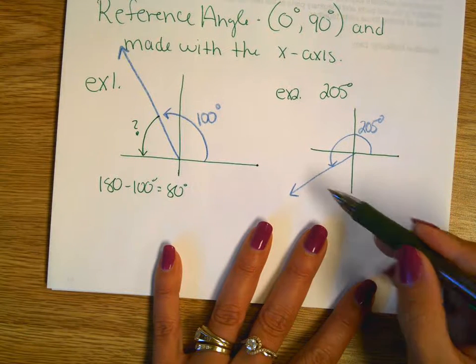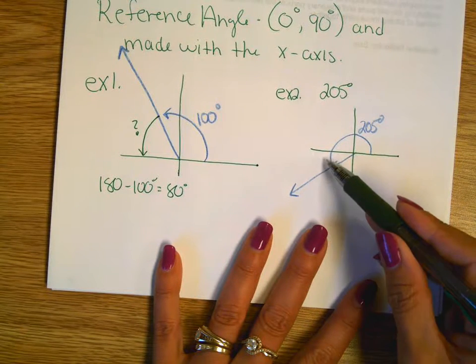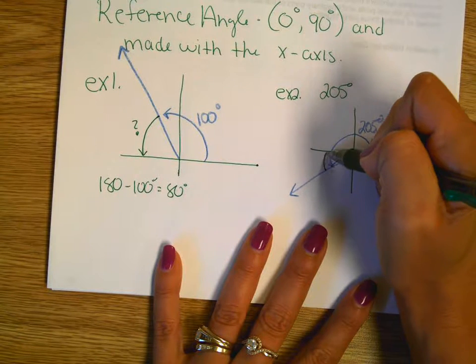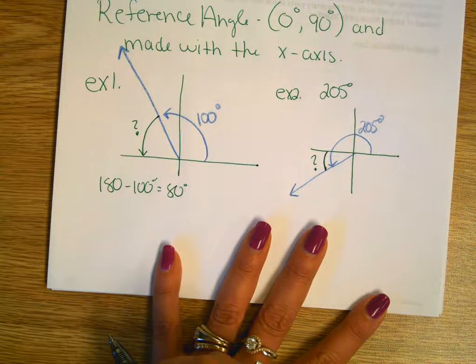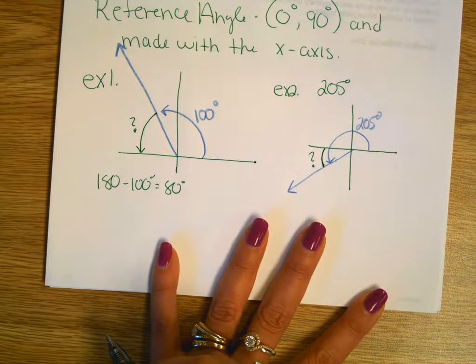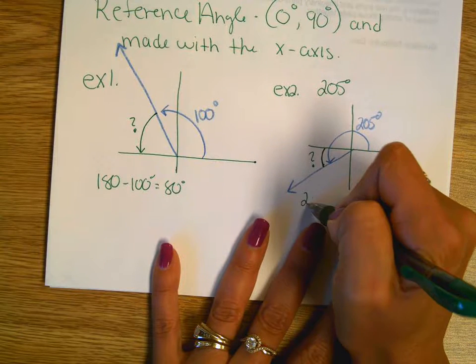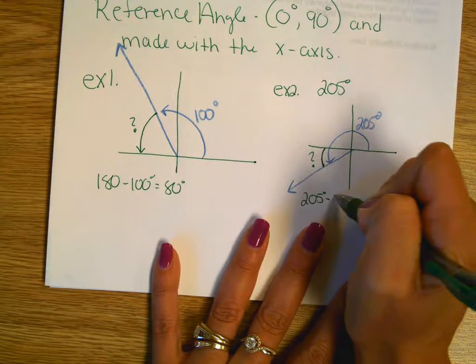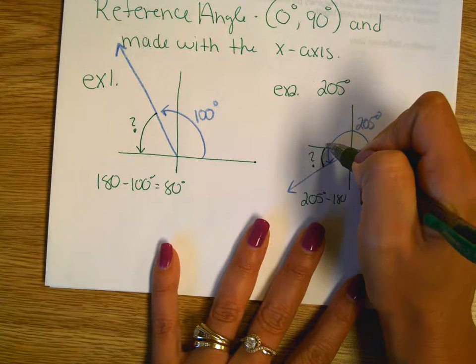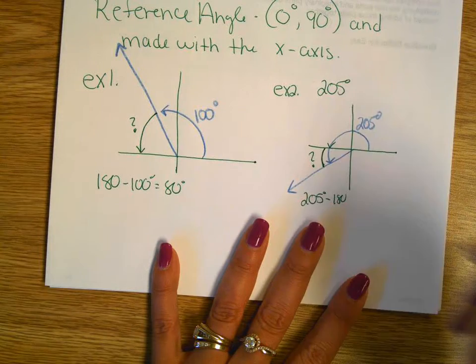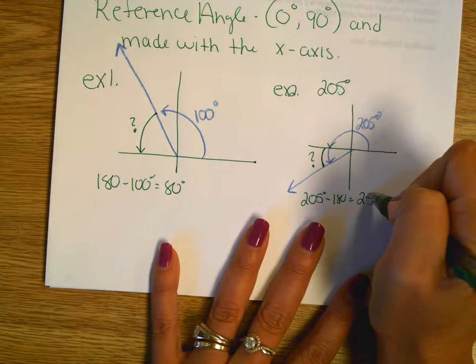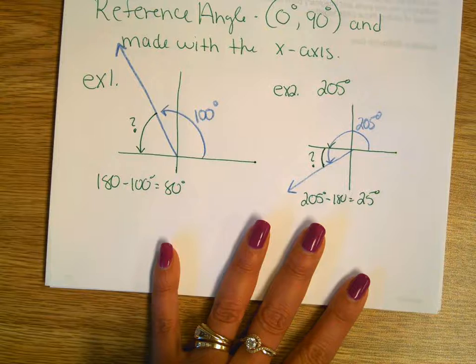The reference angle is from that ray to the x-axis, so we're looking for this angle here. How do we get that? What about 180? Start with the angle, subtract off the first 180 degrees. We're really looking for how much past the 180. So that is 25 degrees, a 25 degree reference angle.